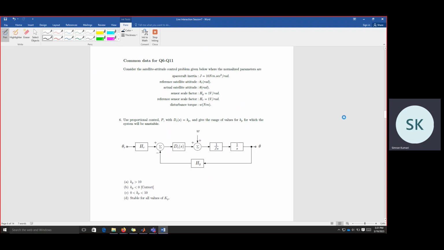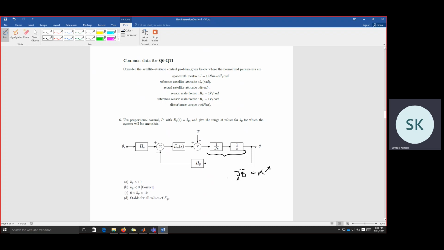Okay, so this is a satellite altitude control problem. So we have a double integrator plant. We know this one, no? Newton's law in terms of rotational motion, that is J theta double dot equal to alpha, where alpha is the torque, J is the moment of inertia, and theta is the angle of rotation.